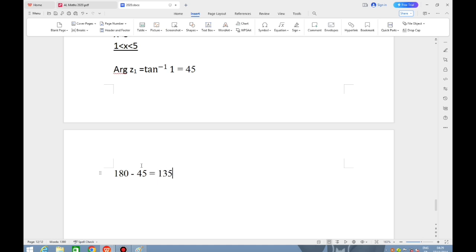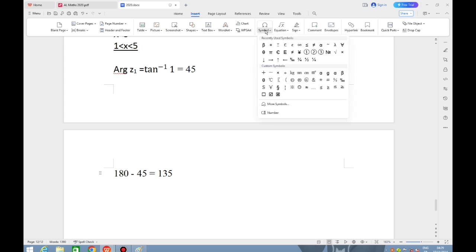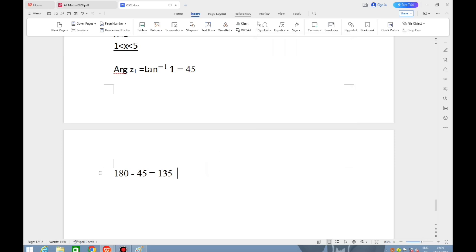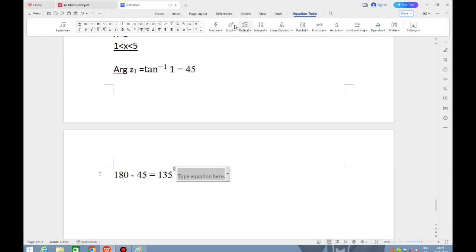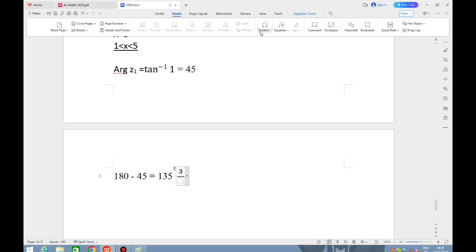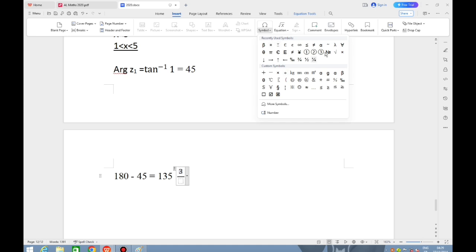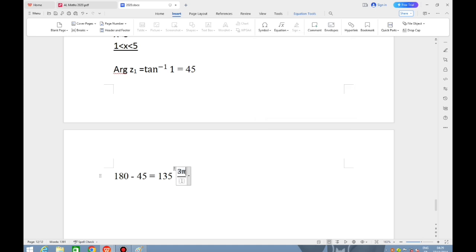And if we write this in terms of pi, it's going to give us 3 pi on 4. So this is the answer in terms of pi.